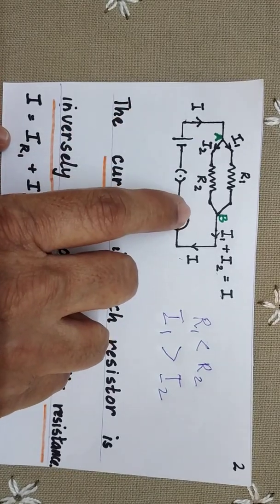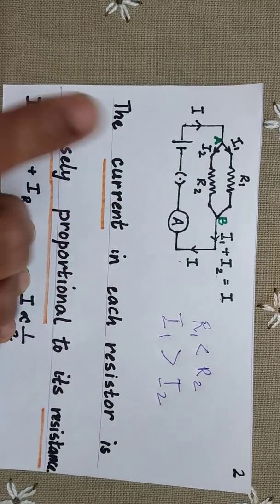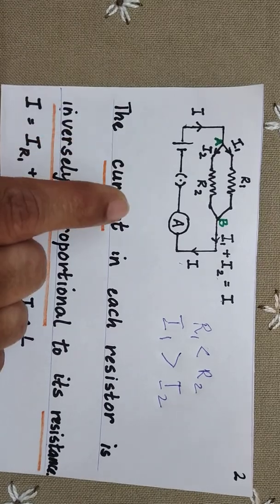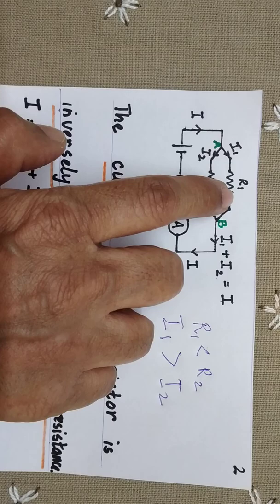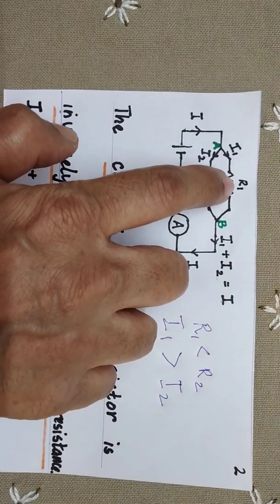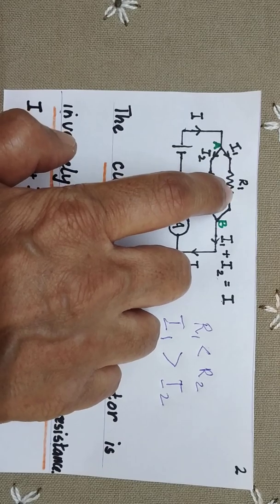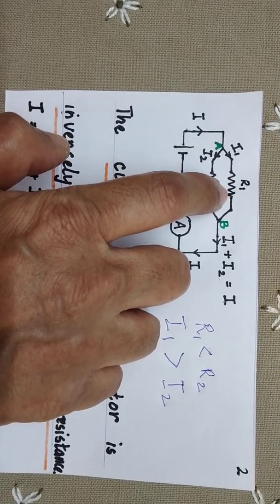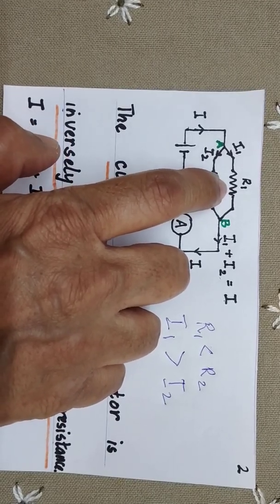Is it clear? The current flowing through the resistance depends upon the resistance. So you can say I is inversely proportional to R. If the resistance is high, current through that resistance will be less, because when you say resistance is high, you can remember more obstructions.